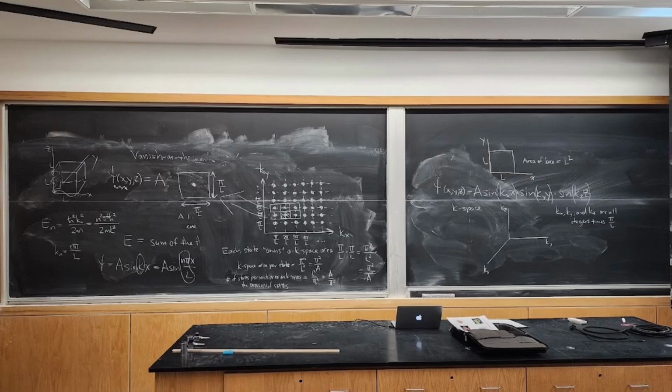So that means that the area per person is 2 square meters. How many people are there per square meter if each person occupies 2 square meters? What do you do? One half, right.